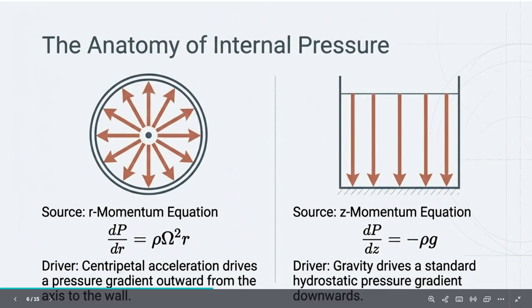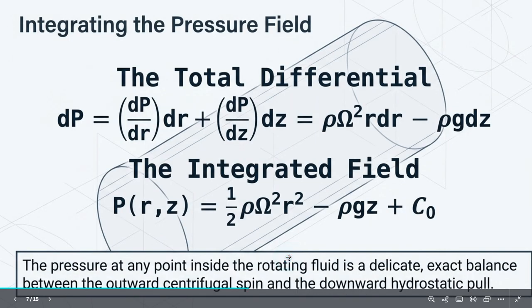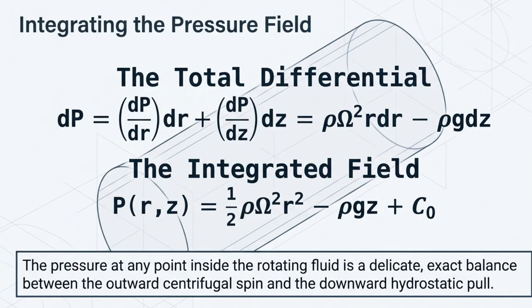Now, by getting these values, we are going to put these values in the total differential equation, which is dp is equal to dp by dr into dr plus dp by dz into dz, which is equal to rho omega square r dr minus rho g dz.